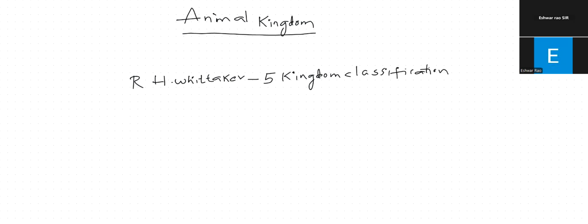Two kingdom classification, three kingdom classification have been given, but the most and highly accepted one is five kingdom classification, which was given by R.H. Whittaker. According to R.H. Whittaker, what are the five kingdoms?